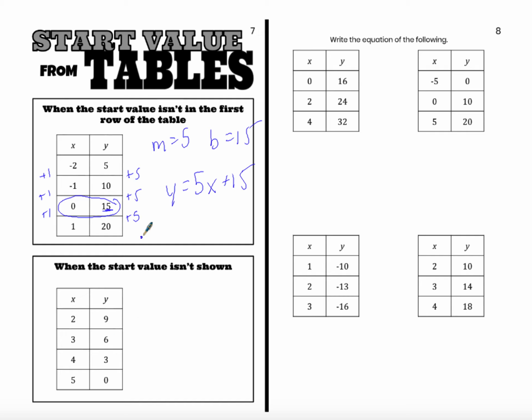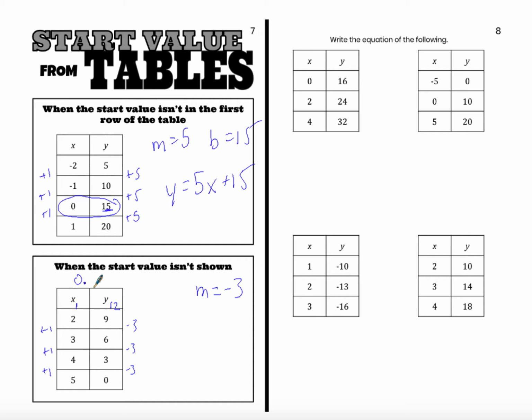Here, when the start value isn't directly shown in the table, you're going to need to find the rate of change and work backwards. This nicely has a very straightforward, simple rate of change. The rate of change is -3. So I need to go backwards. If we're repeatedly subtracting 3 to go forwards, then to go backwards to x equals 1, I'm going to add 3. That's not my start value because that is my value when x equals 1.